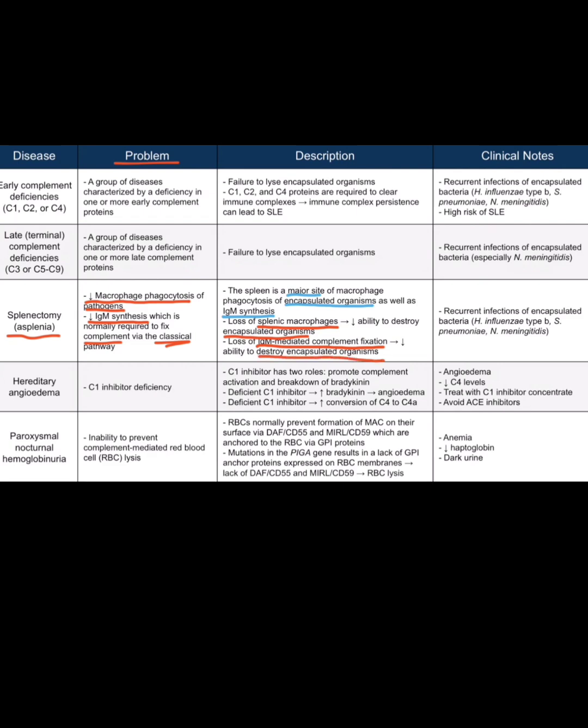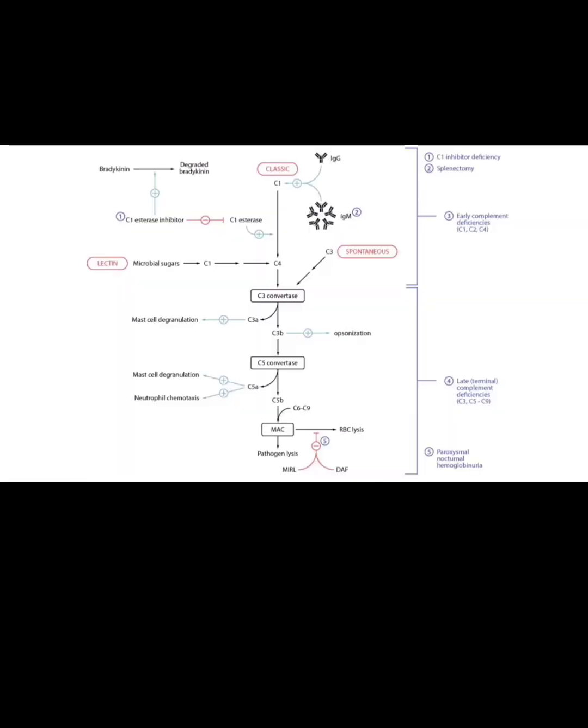So how do these patients present? Well, as you'd expect, with recurrent infections of encapsulated organisms, such as H. flu type B, strep pneumo, and Neisseria meningitidis. And those infections are intuitive. It's very similar to those infections found in early complement deficiencies. So with the splenectomy, you can see that there will be decreased IgM fixation, so decreased classic pathway activation.